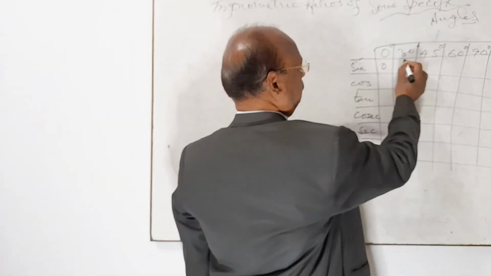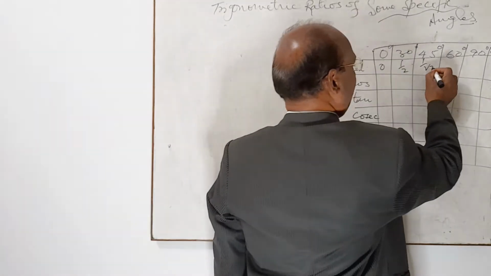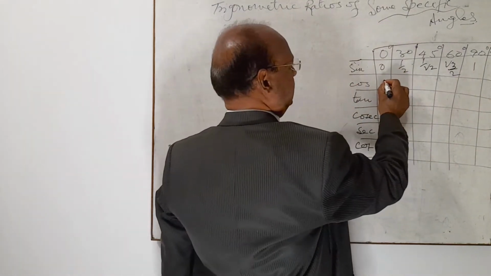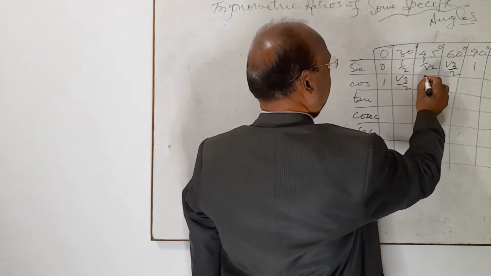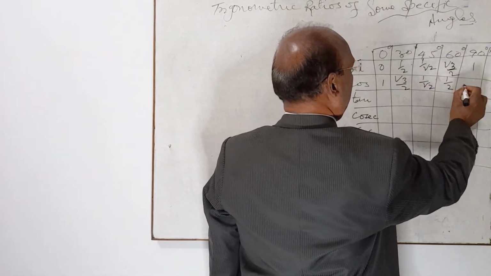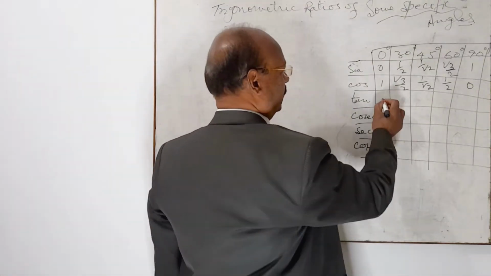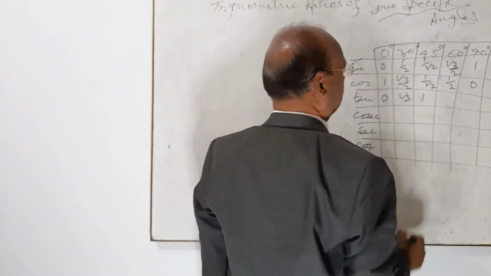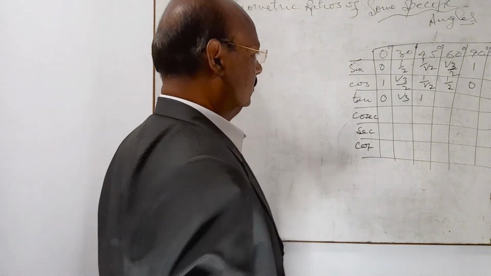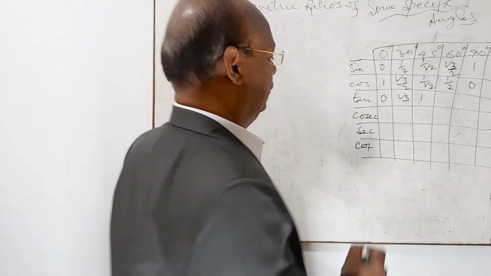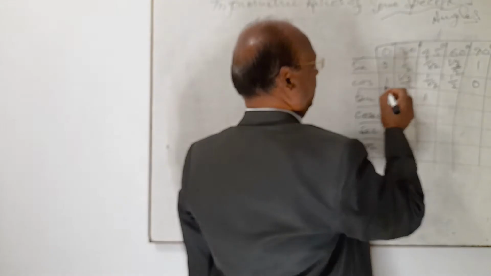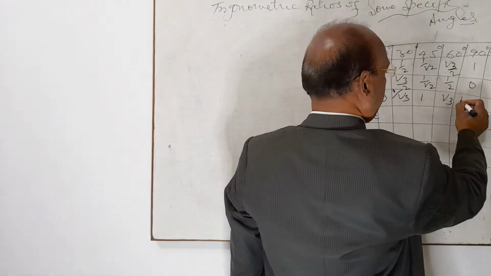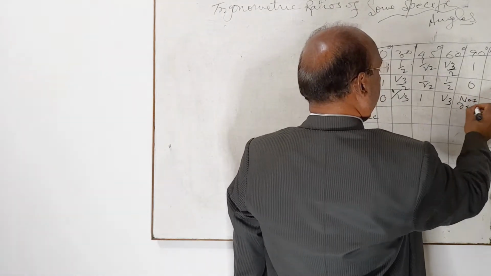This is 0, 1 by 2, 1 by root 2, root 3 by 2, 1. This is 1, root 3 by 2, 1 by root 2, half, 0. This is 0, this is 1 by root 3, this is 1, root 3 and this is not defined.